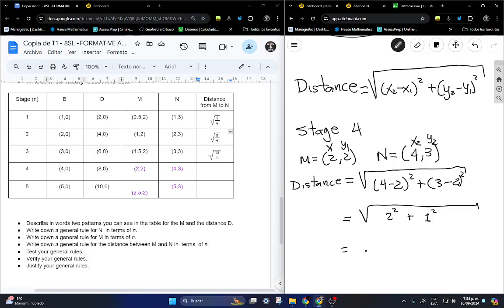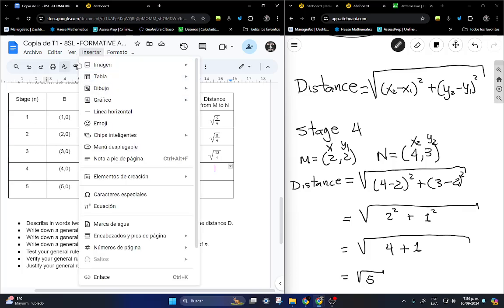And we can simplify this even further, because 2 squared is 2 times 2, which is 4. 1 squared is 1. So this is the square root of 5. Actually, let me write that in a prettier way. Square root of 5.